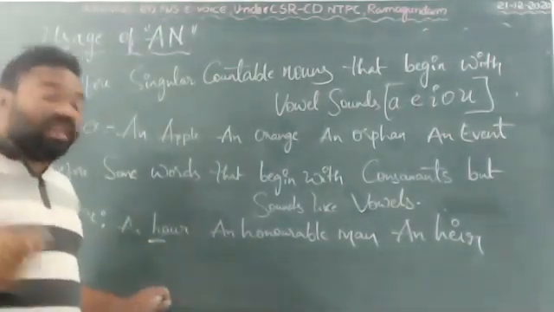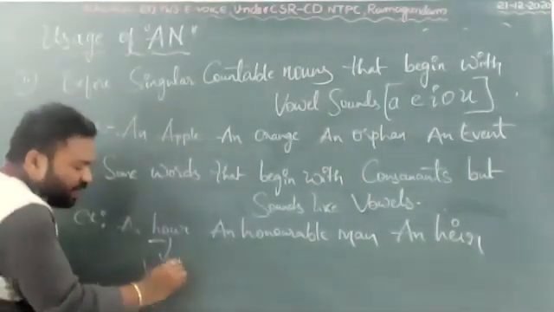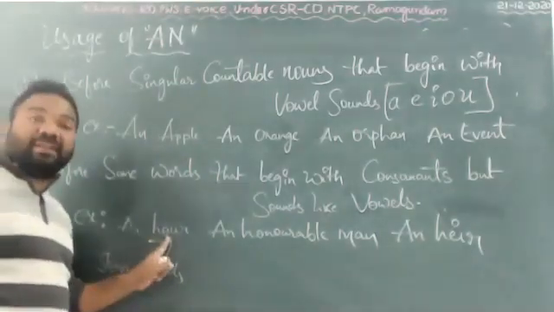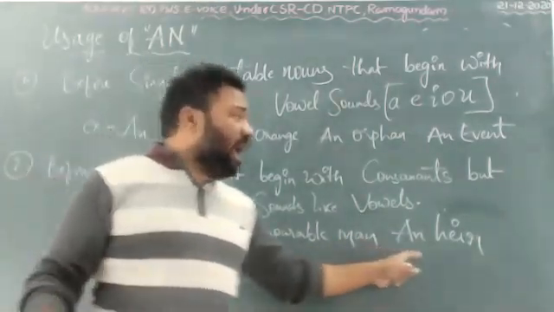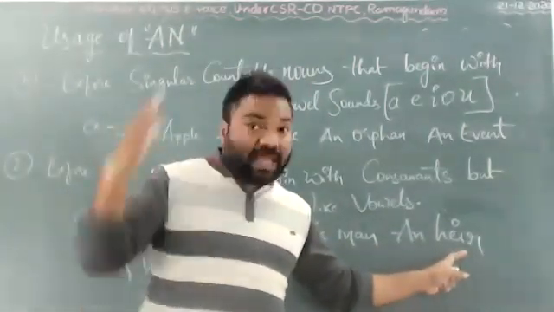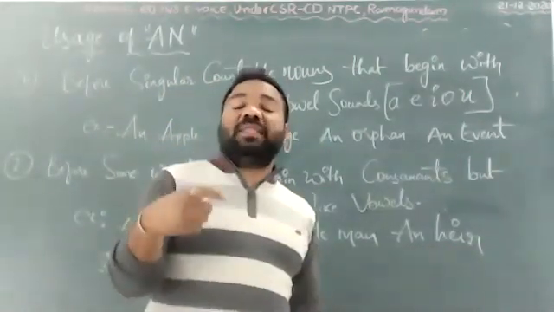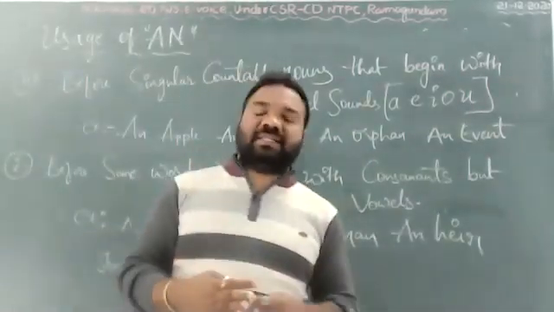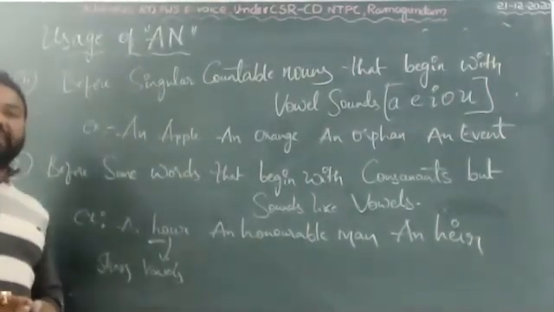The next letter here is a vowel, and the stress is on the second letter. An hour, an honorable man, an heir. It's not 'hair', it's 'heir'. Okay? The stress is on the vowel letter. That you have to understand, students. So this is the second scenario.